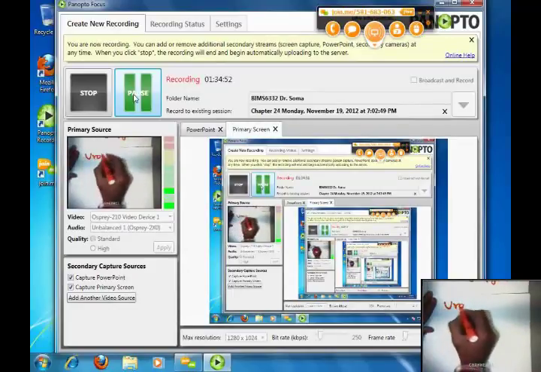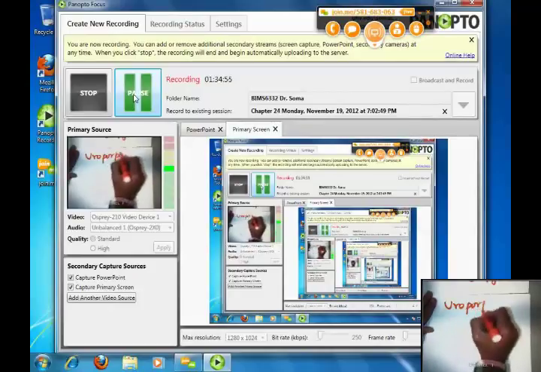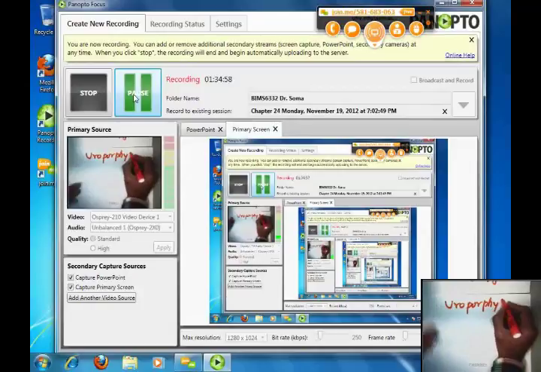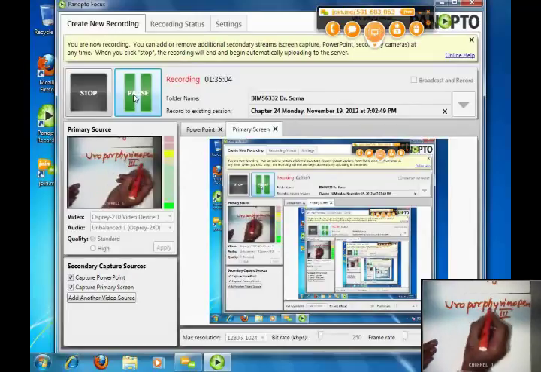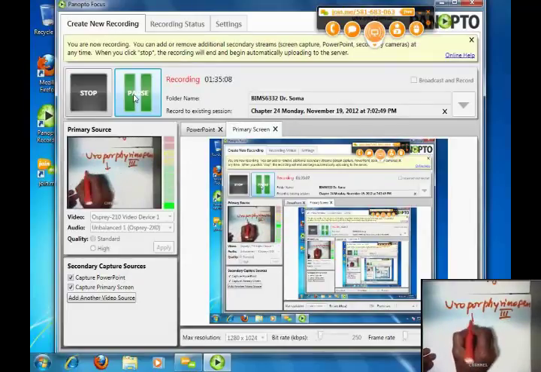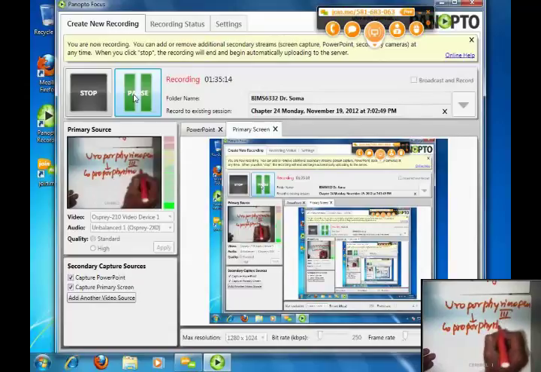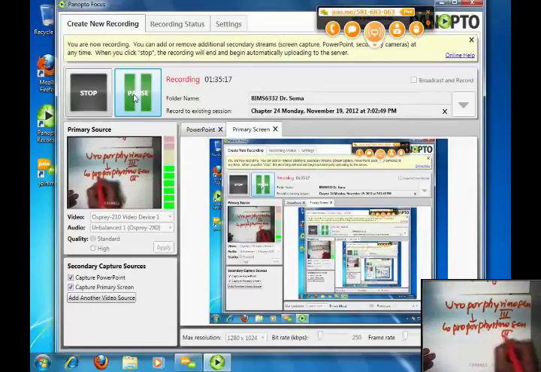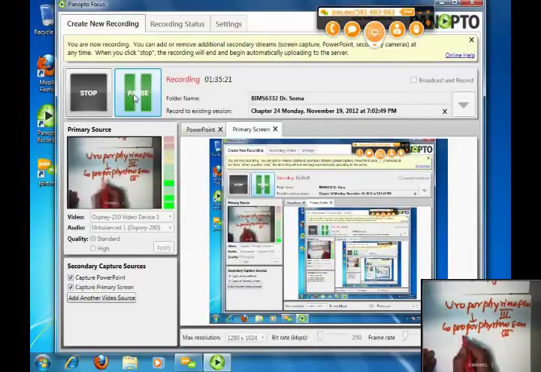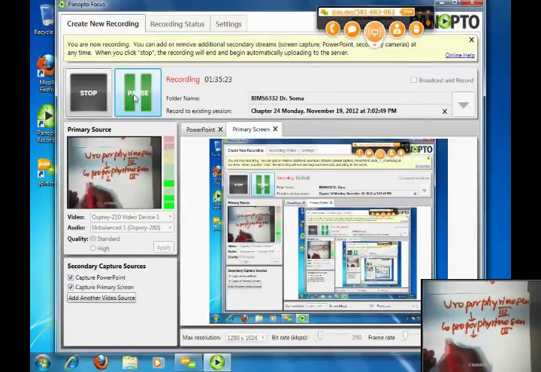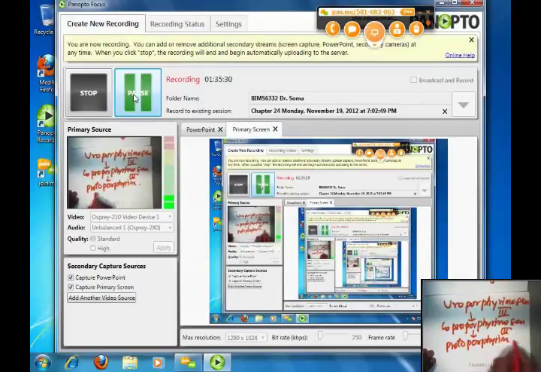Uroporphyrinogen 3, and they will produce coproporphyrinogen 3, and this will produce protoporphyrin, and this protoporphyrin with an iron atom will form heme.